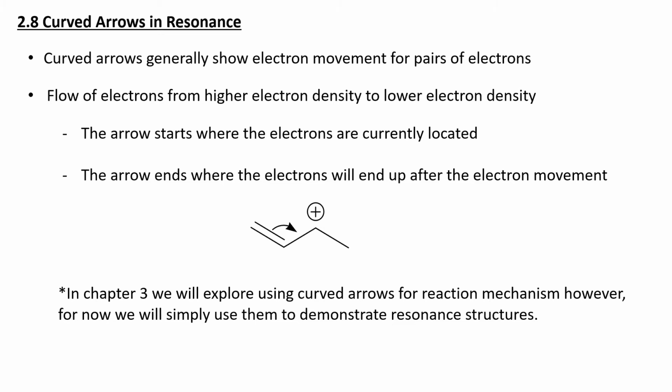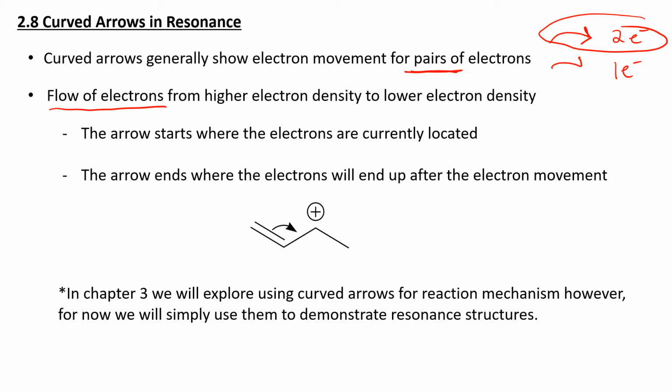So, first, whenever you see a curved arrow, it represents the movement of a pair of electrons. So, an arrow like this represents 2 electrons. If you take Chem 3, you're going to see that half-headed arrow, which represents 1 electron. All of our arrows are going to look like this, and it represents the movement of 2 electrons.